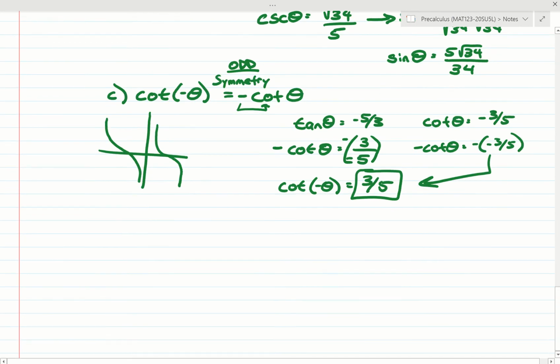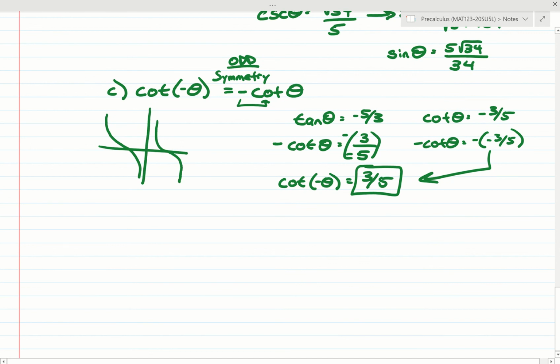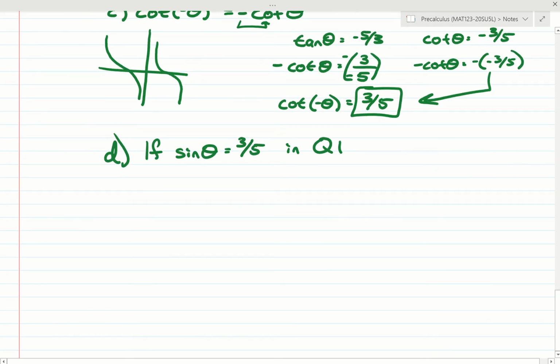Just working off of this, I'm not 100% satisfied with my answer there, so let's maybe do a couple more just to make sure we understand. What about if I asked you, let's say, if sine of theta is equal to 3/5, and we're in quadrant 1, let's find the cosecant of the opposite of theta.